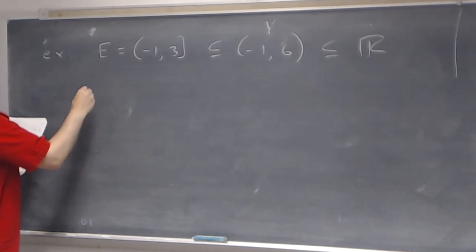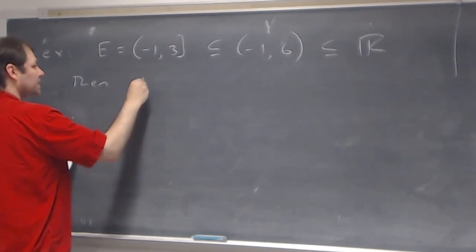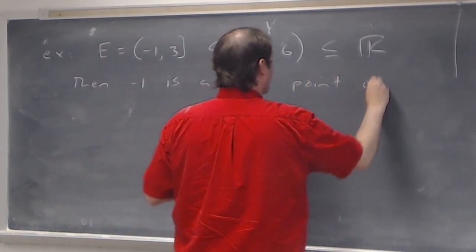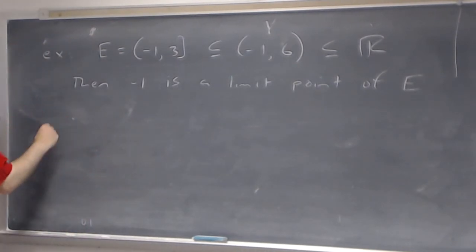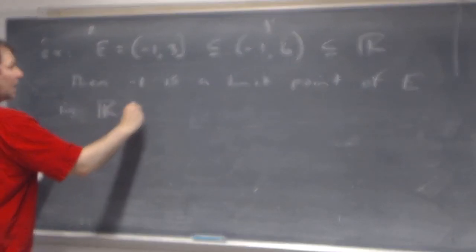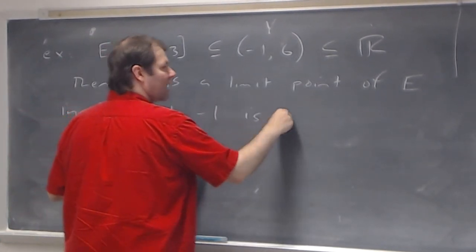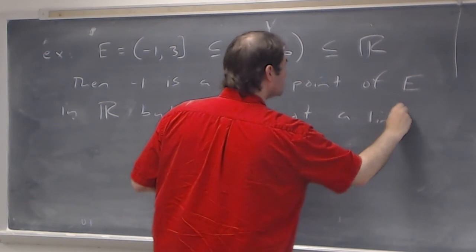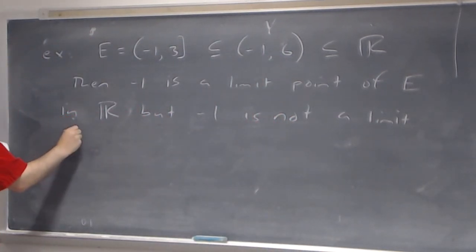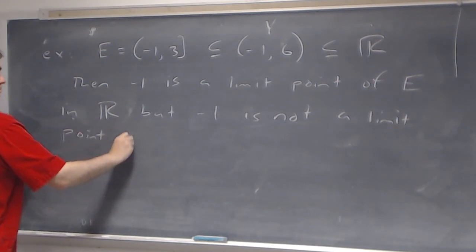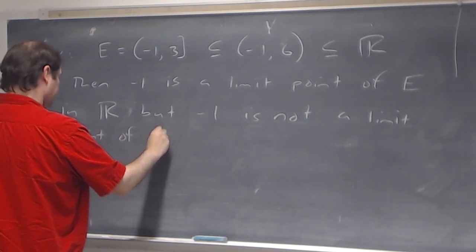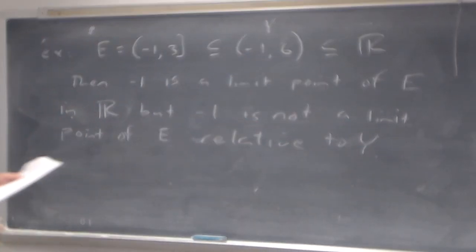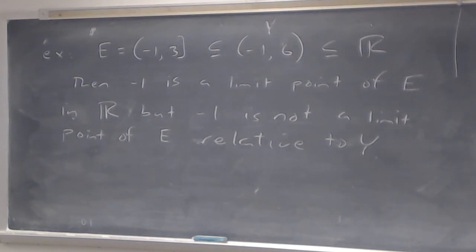Then what I want to tell you, just as an example, is -1 is a limit point of E, okay, in R. But -1 is not a limit point of E relative to Y. Okay.